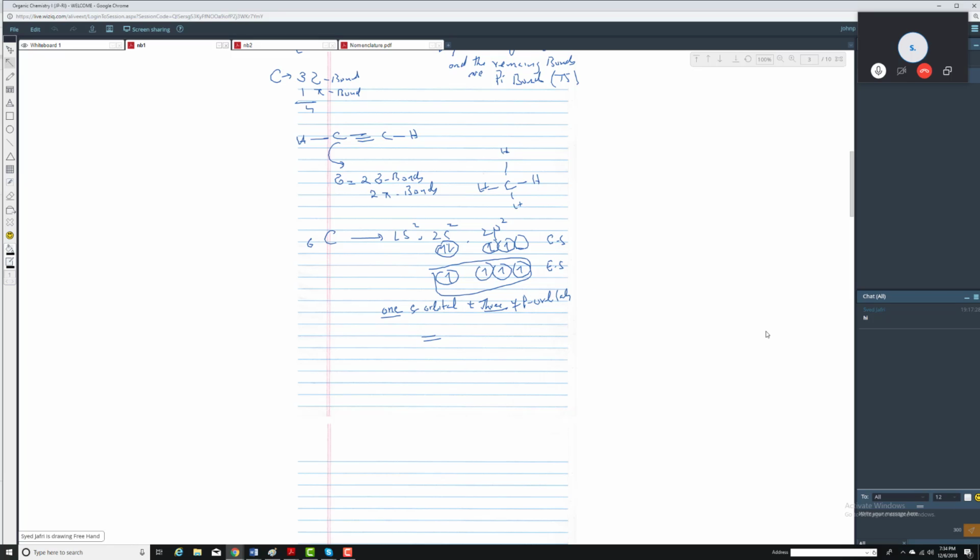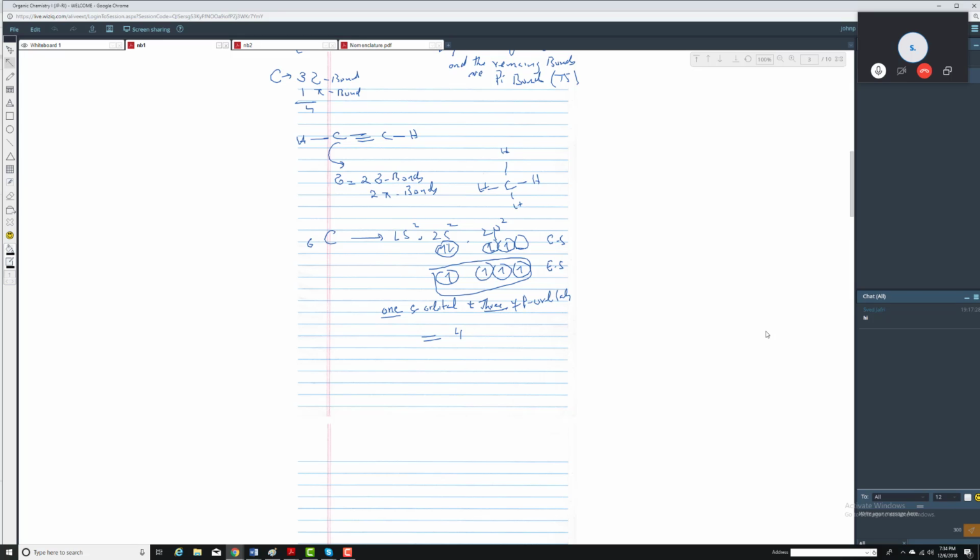So you will get 4 orbitals after mixing. Whatever number you are mixing, if you mix 4 orbitals in the beginning, even after mixing you will get 4. But now you are not going to call them s or p.